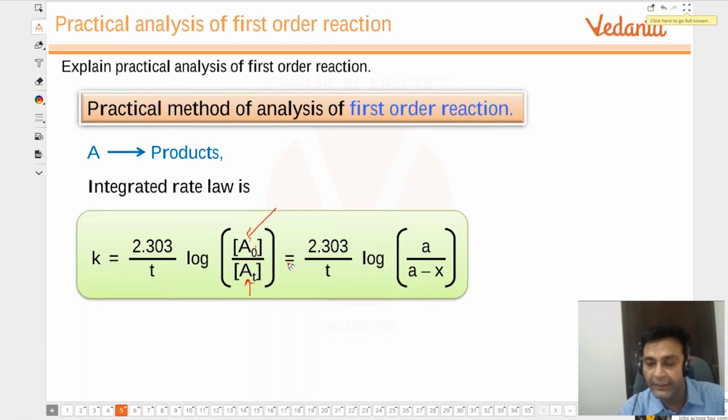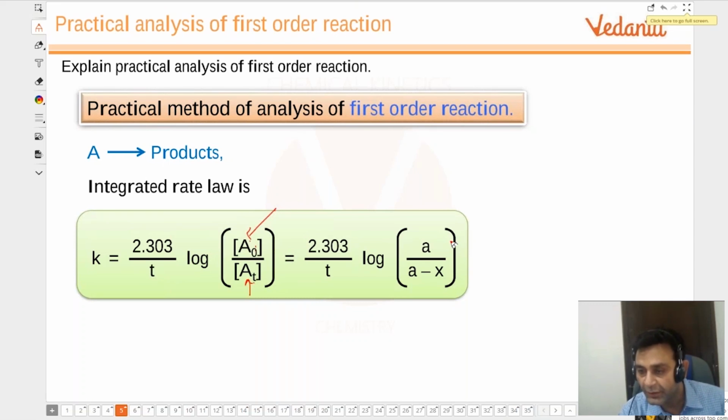Will the volume change? No, the remaining gas will occupy the same volume. That is why I'm not choosing the volume. But will the pressure change? Yes. That is why I'm choosing the pressure, but not the volume. Are you getting me this one?